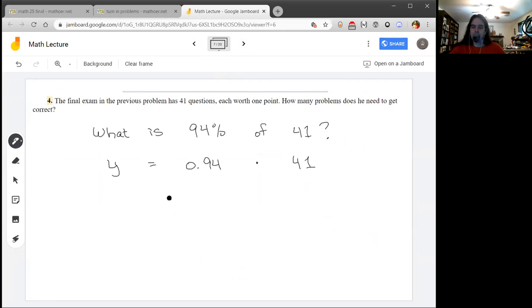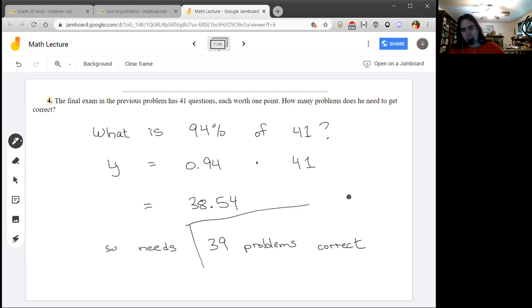So we're rounding up because if they get 38, they won't quite have the grade they want.